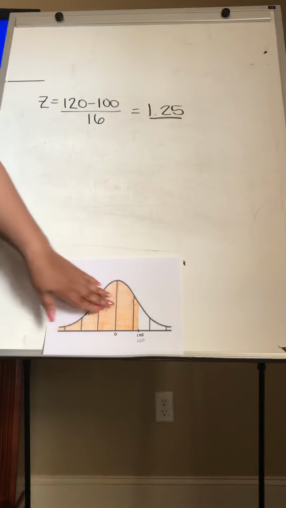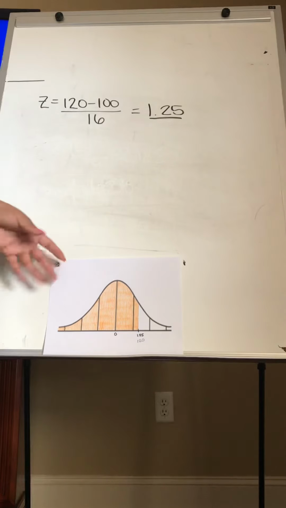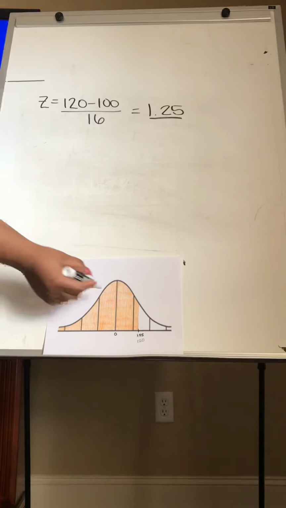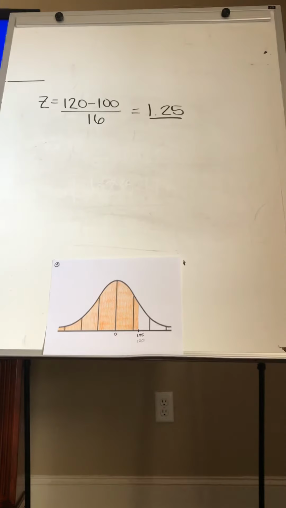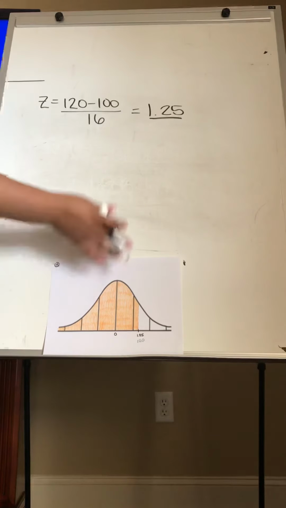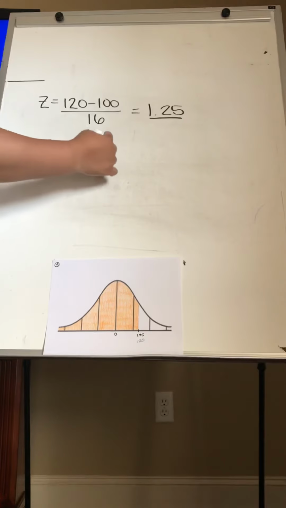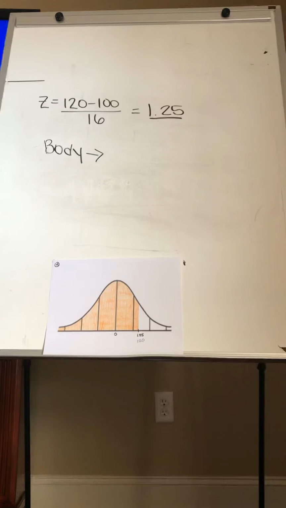So if you shaded everything to the left, you would see that this is a body picture, okay? It's a body measurement. You are going across the middle, which means more than 50% is shaded. So there is no actual math. It's just you going on the chart, on your table, and you're going to give the body measurement for 1.25.